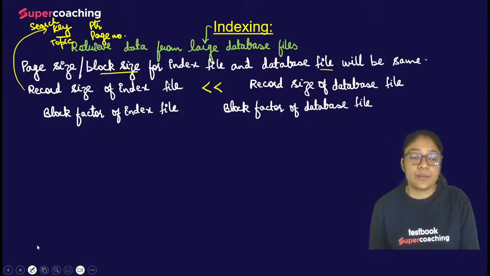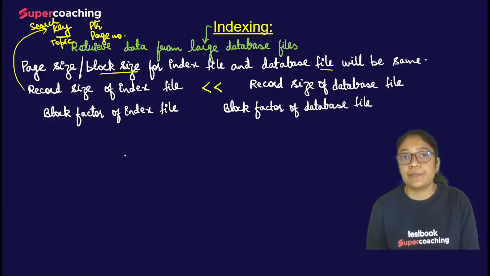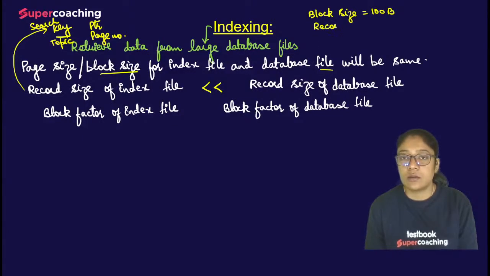What is this block factor of index file? That means block size divided by the record size. Let us assume that block size is 100 bytes, record size for database file is 40 bytes.